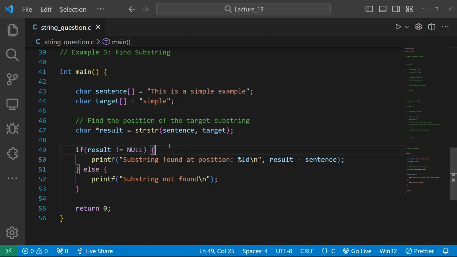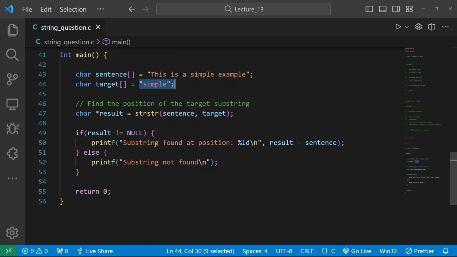What is its use? The strstr basically helps you to find your target, that is your simple. In this example it is simple, in other examples it can be something different. Remember this. So this is the general working of strstr to find the position.